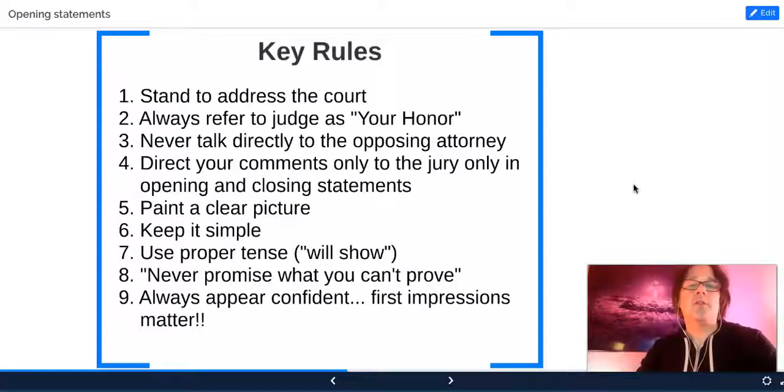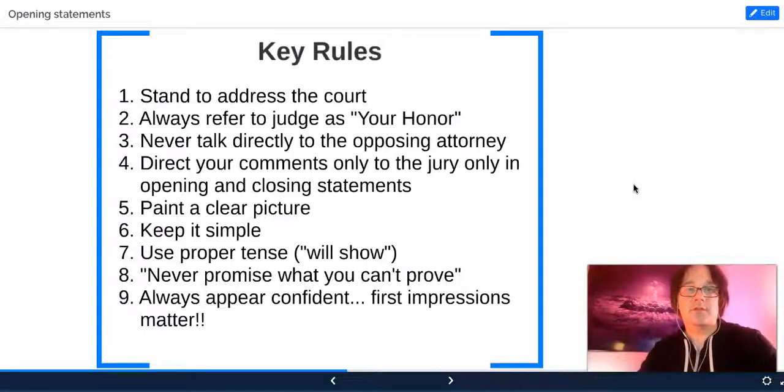You also want to use proper tense during your opening statement. You'll say, this is what we are going to show, right? The evidence will show this. In your closing statement, you'll say the evidence showed, the witnesses testified. It would be all past tense for your closing statements. But we're focusing on opening statements here, so make sure you're using the future tense, right?